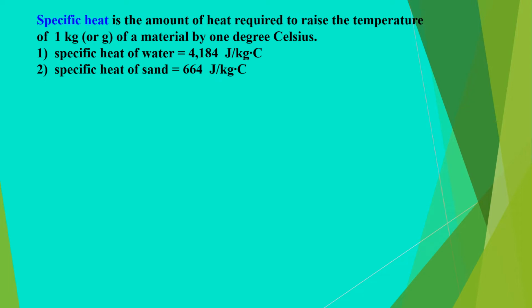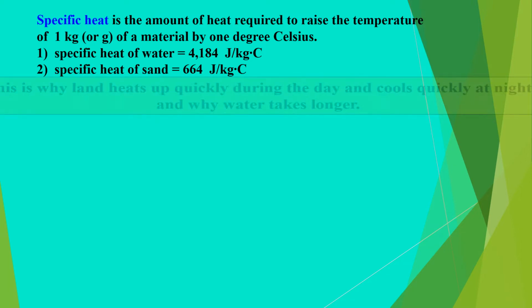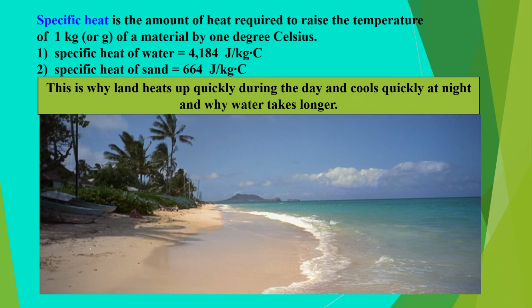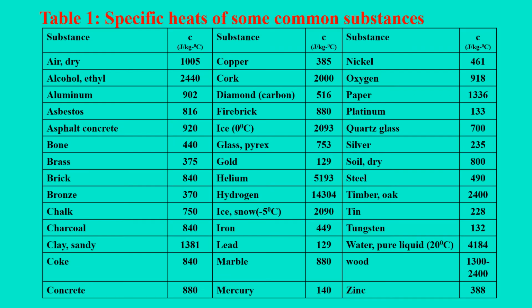The greater the value of the specific heat, the greater is the amount of heat required to raise the temperature of 1 kilogram of material by 1 degree Celsius. This is why land heats up quickly during the day and cools quickly at night, and why water takes longer. Table 1 shows the specific heats of some common substances.